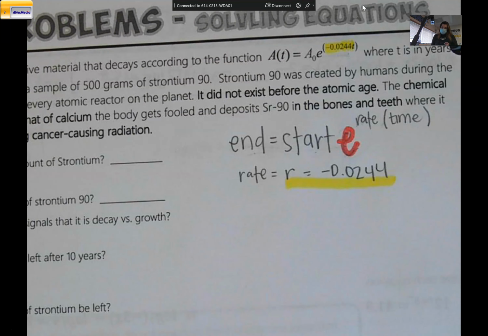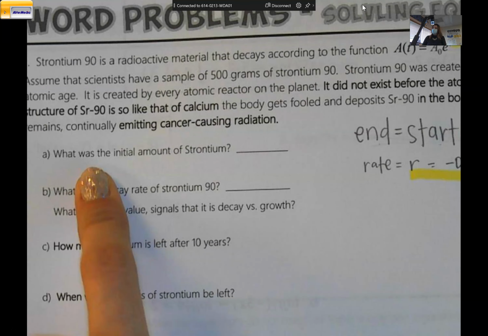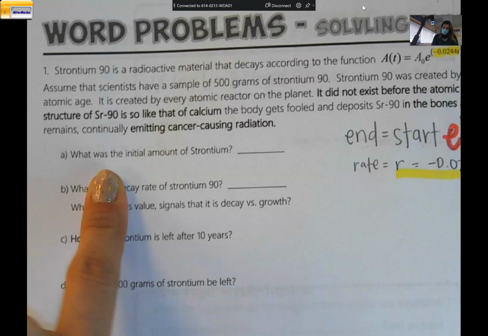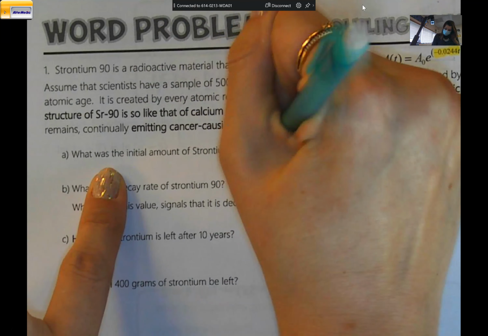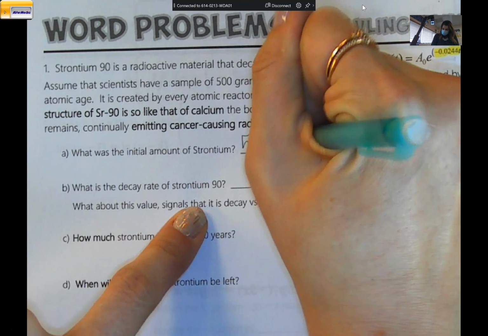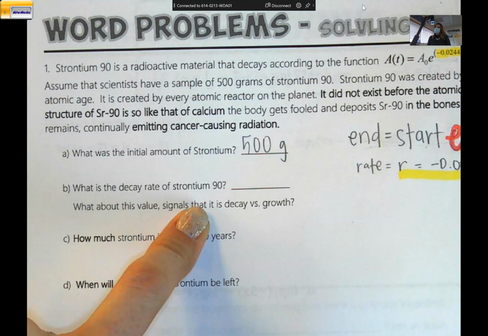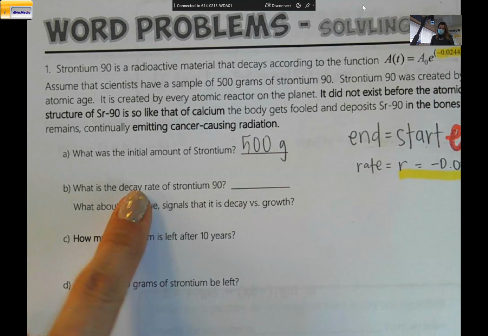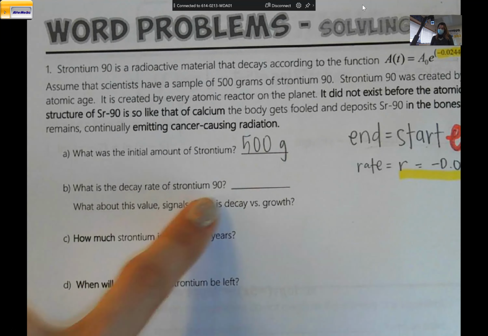Assume that scientists have a sample of 500 grams of strontium-90. Part A asks, what is your initial amount of strontium? 500. And then B, what is the decay rate of strontium?